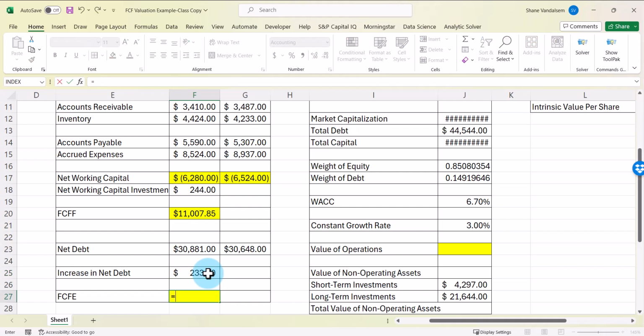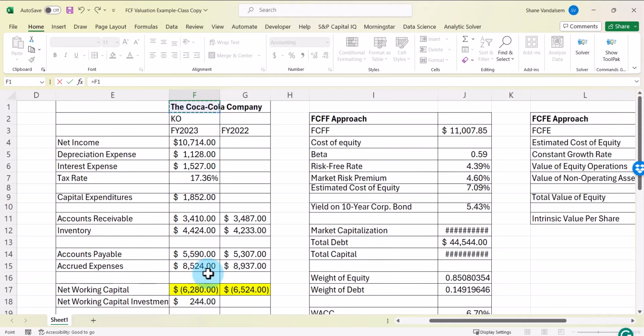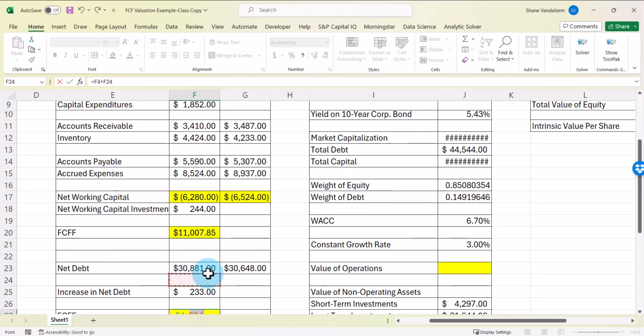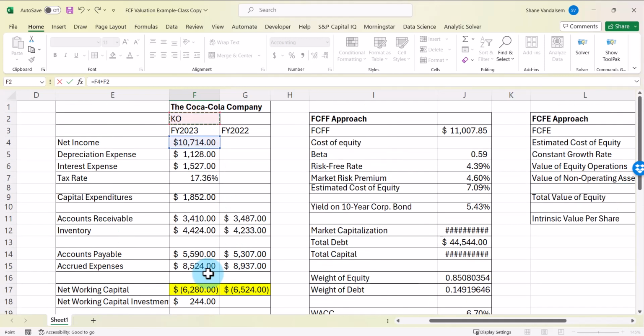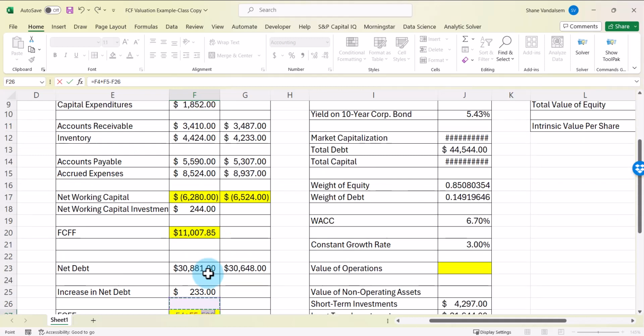So for the free cash flow to equity, I'm going to start with net income. I'm going to add in the non-cash charges. I'm going to subtract out the capital expenditures. I'm going to subtract out the net working capital investment.